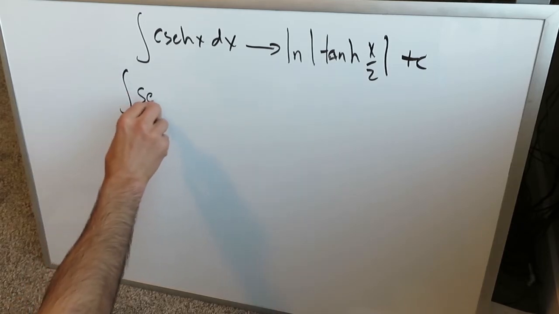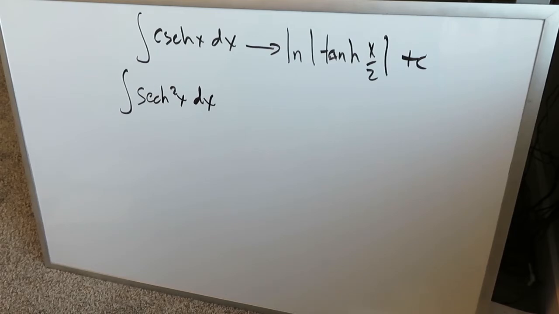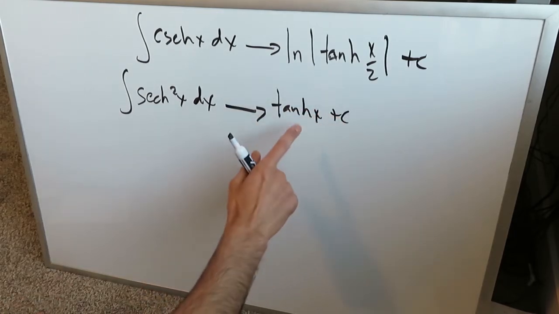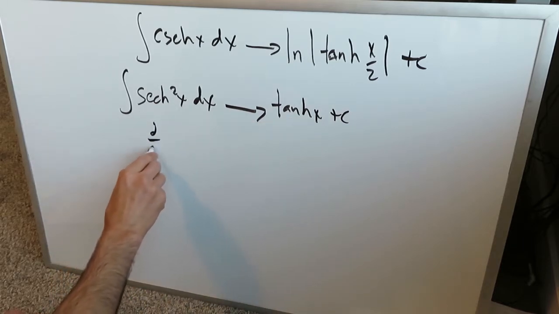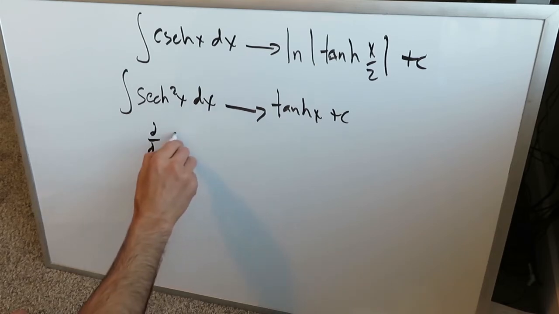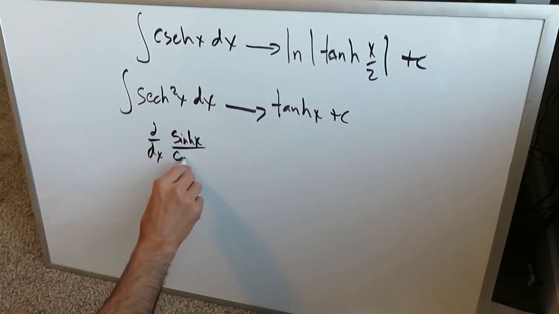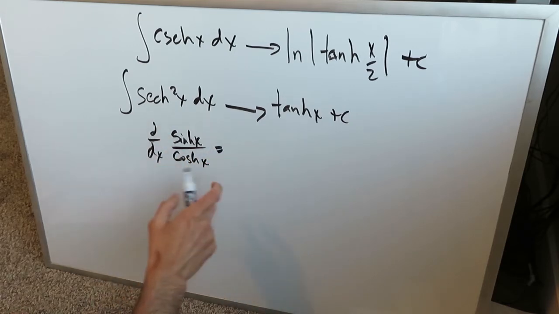The next one right over here is not hard. You saw something like this with regards to trigonometric integrals. When you're looking at this, you're thinking about tanh x plus c. If you take the derivative of this antiderivative, you'll come back over here and you can show that very easily. And you can imagine why it's easy, because you're looking at the hyperbolic tangent as a hyperbolic sine over a hyperbolic cosine, and then you have to do the quotient rule.